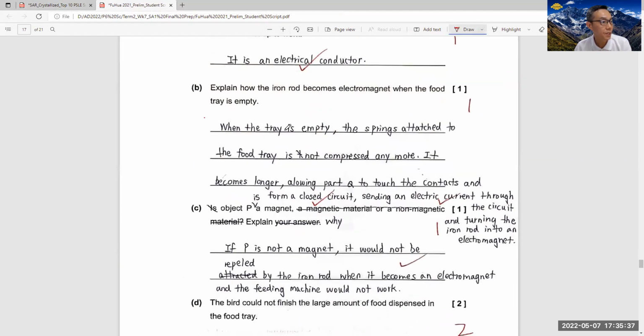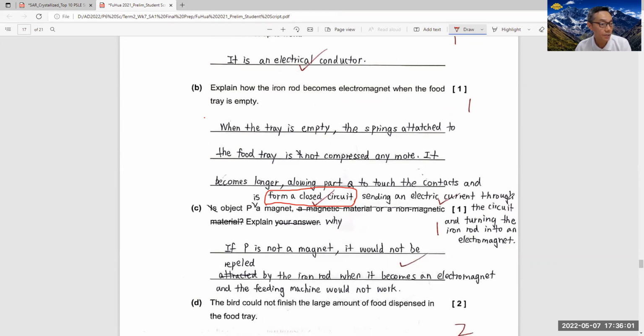You must mention that when the tray is empty, the spring attached to the food tray is not compressed anymore, or you can say it springs up. It becomes longer, allowing part Q to touch the contact and form a closed circuit. You notice the teacher only marked this part, form a closed circuit. So this is the key point.